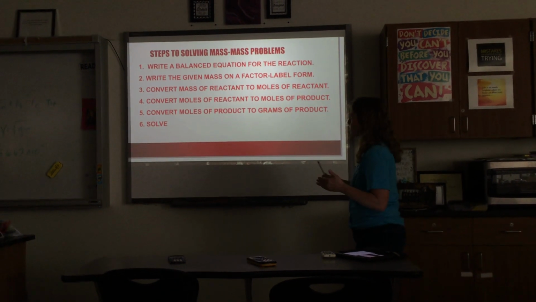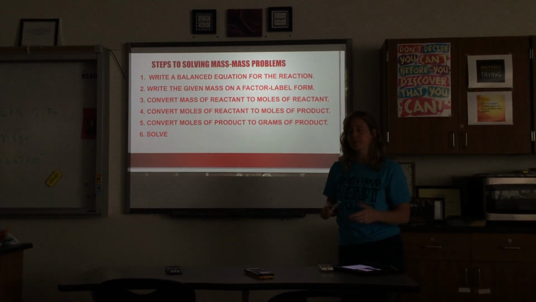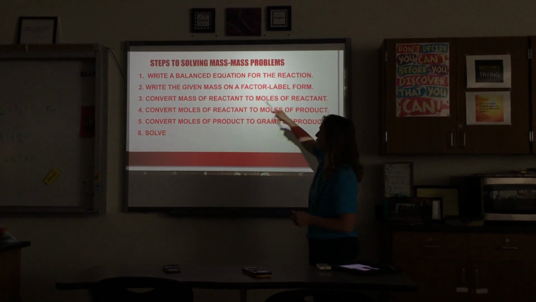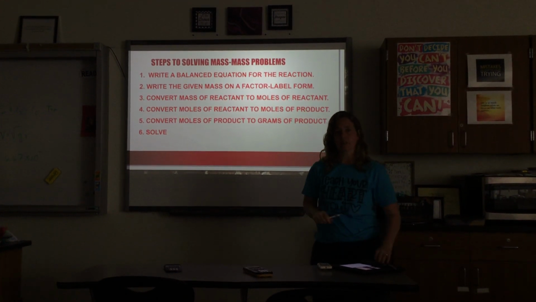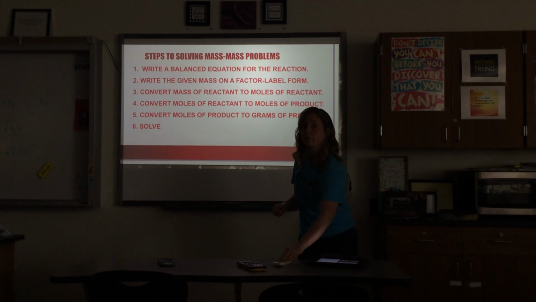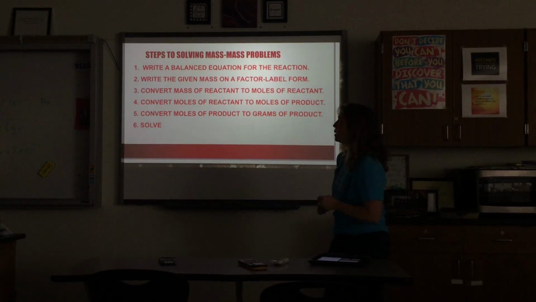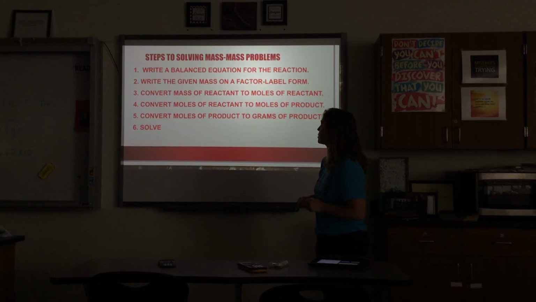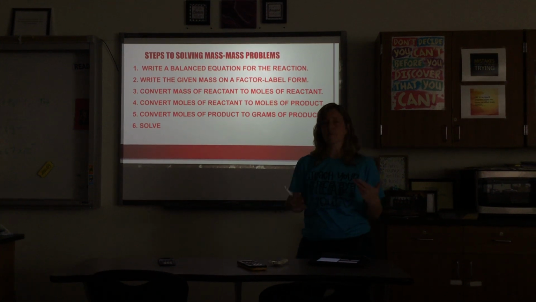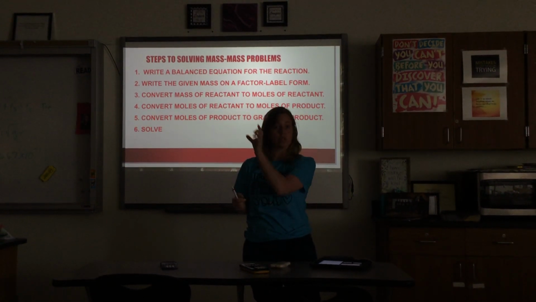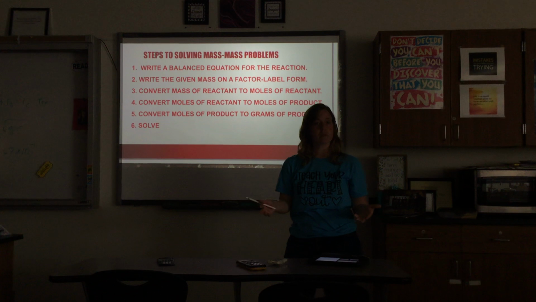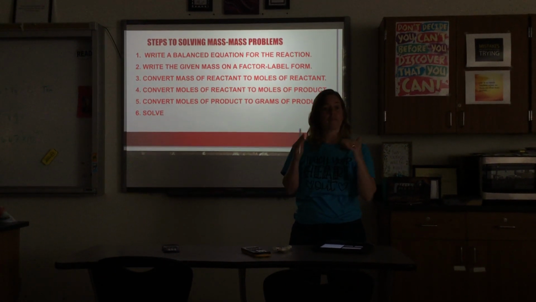Now, moving forward to mass calculations. So first of all, you write a balanced equation for the reaction. Okay? You need to make sure your equation's balanced. That's the first step. The second step is you write the given mass in factor label form. Factor label form just means those ratios that you see me set up, like when we did dimension analysis, where you're multiplying fractions.